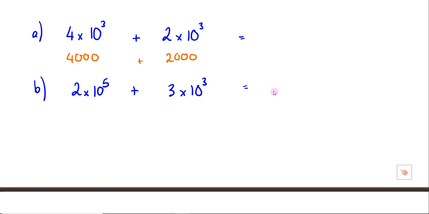What's the answer? 6,000, which is 6 times 10 to the power of 3. I go, ooh, what does that look like? Because that's not wrong. That's fine. I got it perfectly the same. So it looks like, look, 4 plus 2 is 6, and the 10s, well, they're the same. All right? Then I go to the next one.